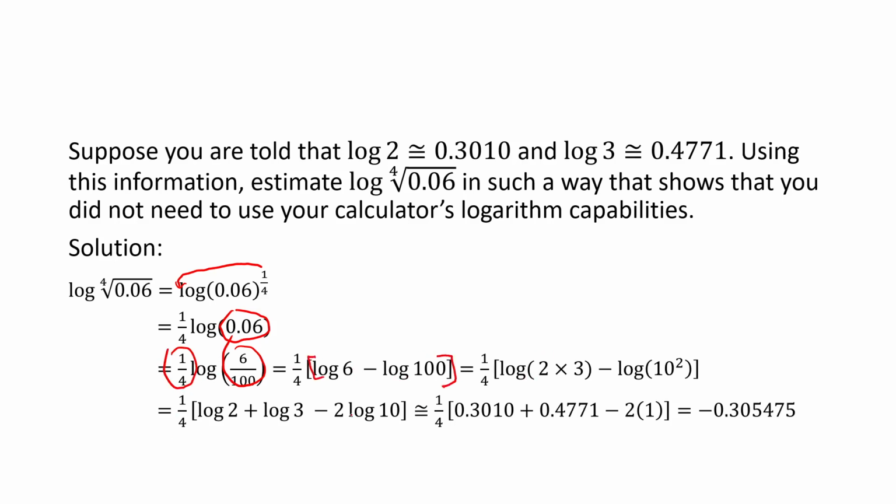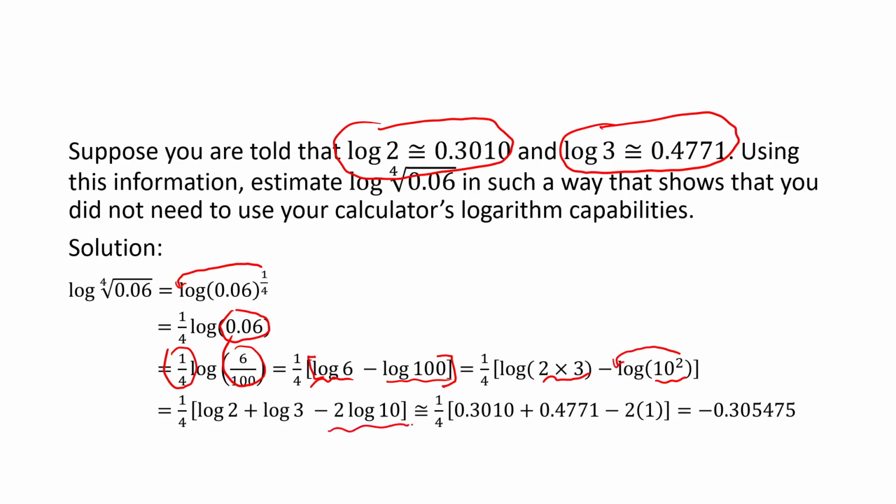Well, the log of 6, again, I want to make it into a combination of log of 2 and log of 3. I know that the log of 6 is equal to the log of 2 times 3, and I know that the log of 100 is equal to the log of 10 squared. So I can now take this 2, move it in front, which is what's shown right here.